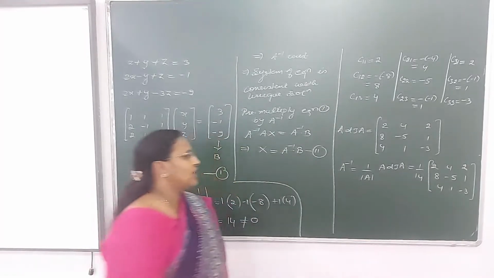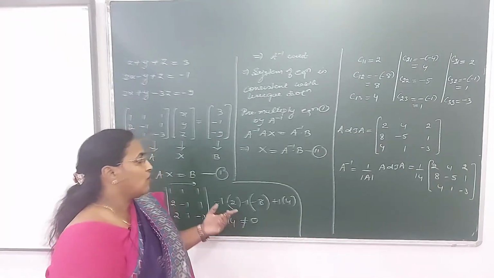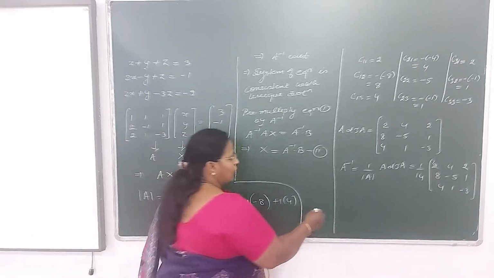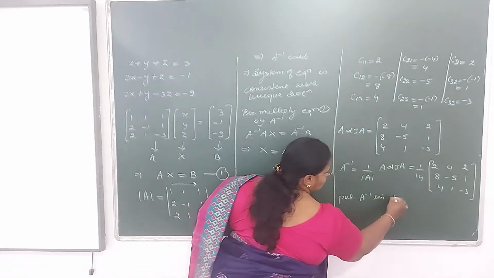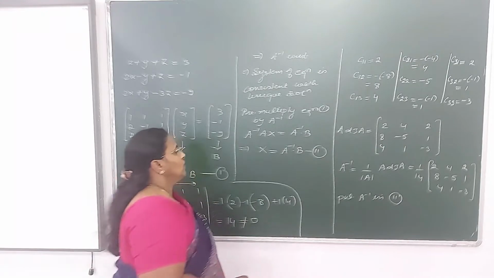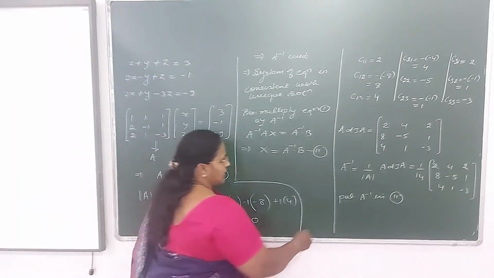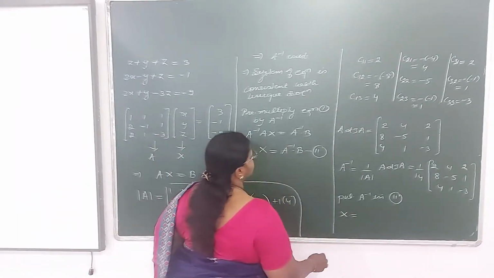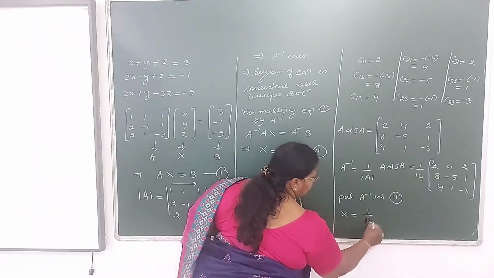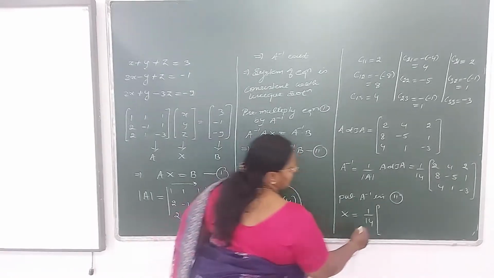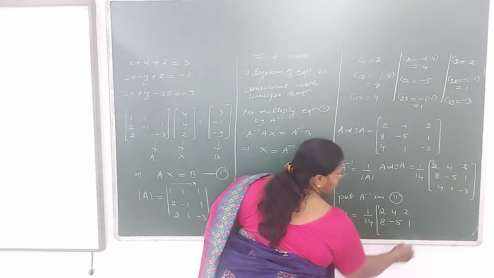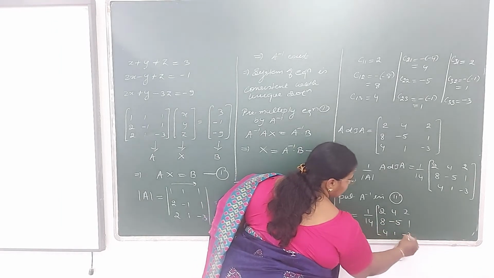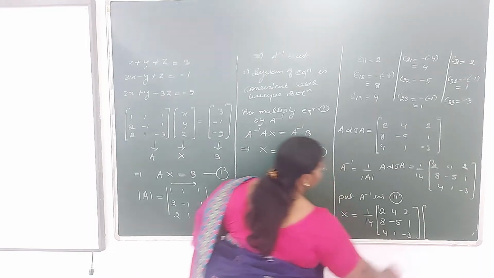So just now we got the value of A inverse. Now what is the next procedure? Put the value of A inverse in equation 2. X is equal to 1 by 14 times matrix A, which is 2, 4, 2, 8, minus 5, 1, 4, 1, minus 3, into the column matrix.